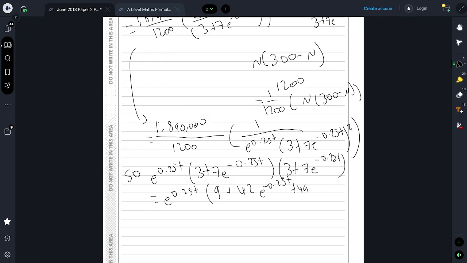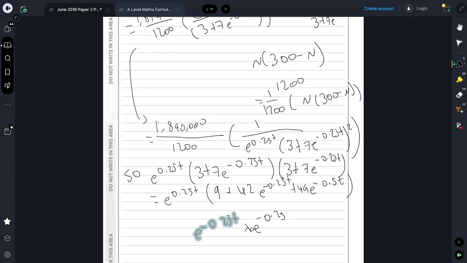And then if we're doing e to the minus 0.25t times by e to the minus 0.25t, if we have the same base and we times them, we have to add the powers together. So that'd be minus 0.25 minus another 0.25. That'd be minus 0.5 of t.